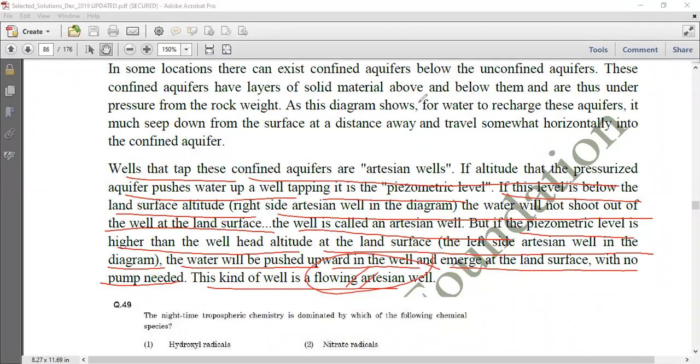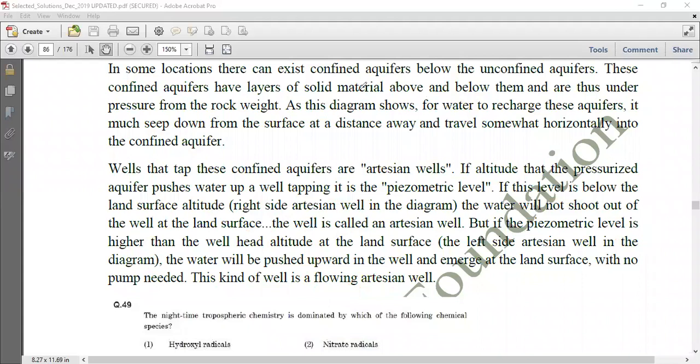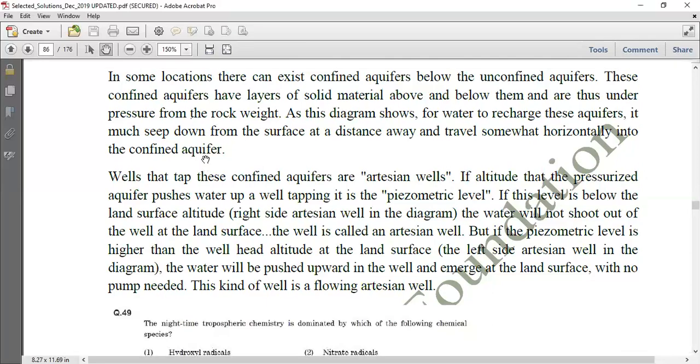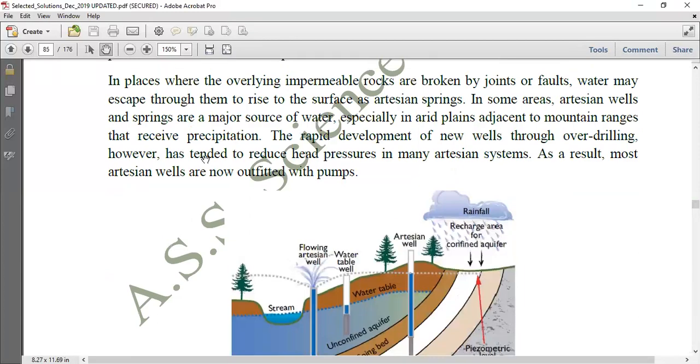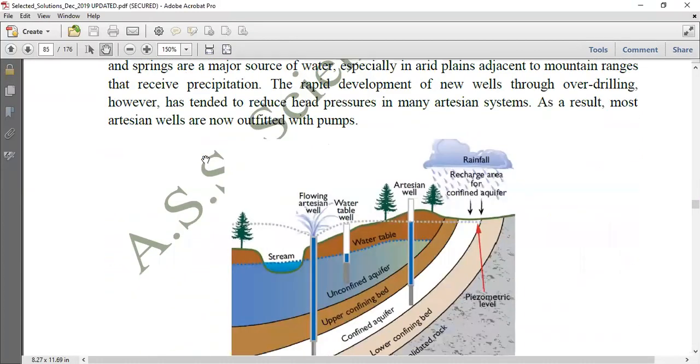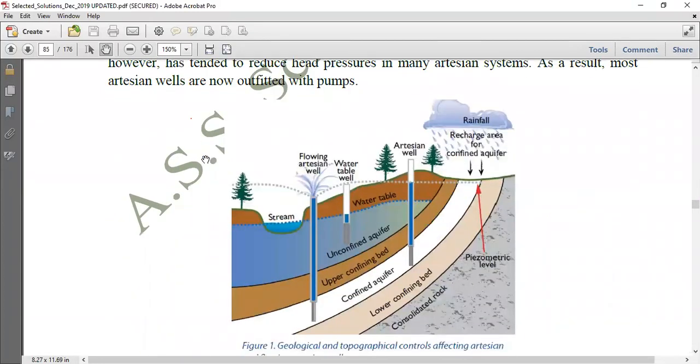Just to remind you, this is given in many of the standard books also. So this was about question number 48, which is having sufficient hydraulic pressure. We can see here that the artesian well is in your picture.